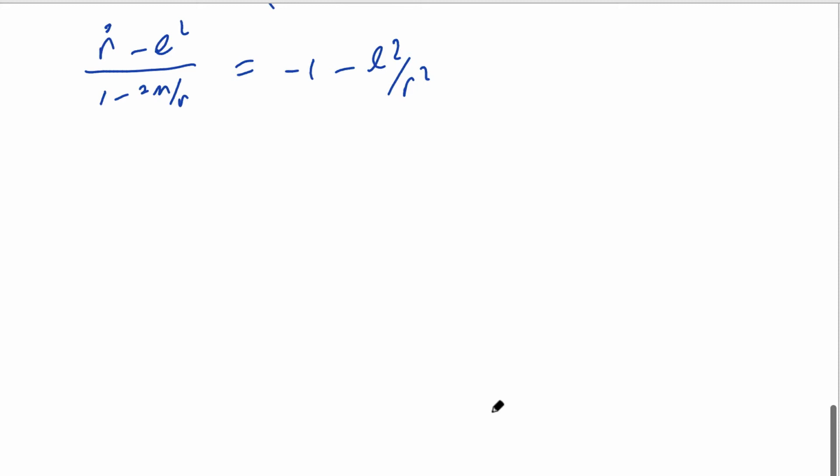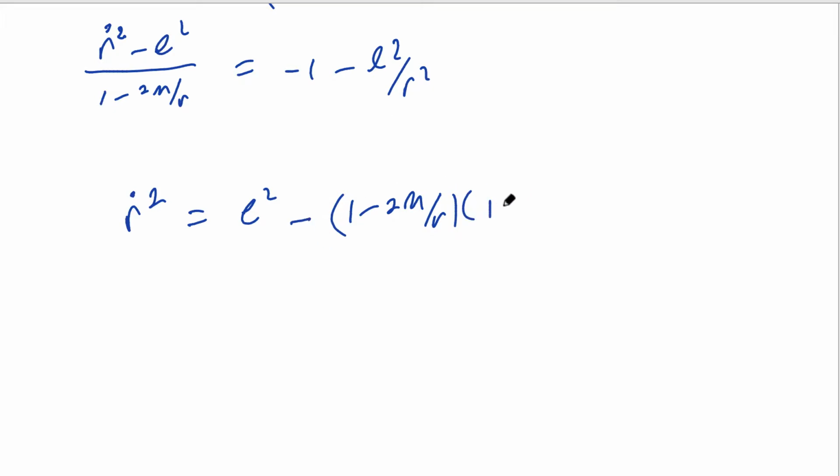And multiplying through by (1 minus 2m over r), we have r dot squared is equal to E squared plus (1 minus 2m over r) times this factor, which has an overall minus sign. So let's change this to minus, times (1 plus L squared over r squared).